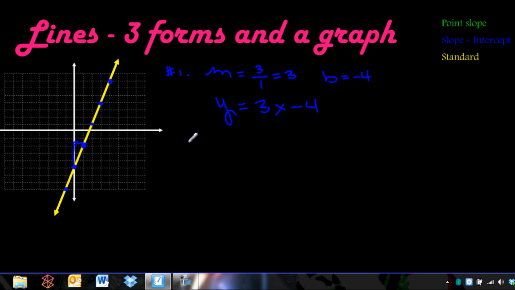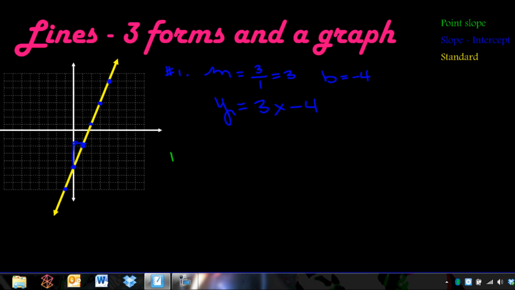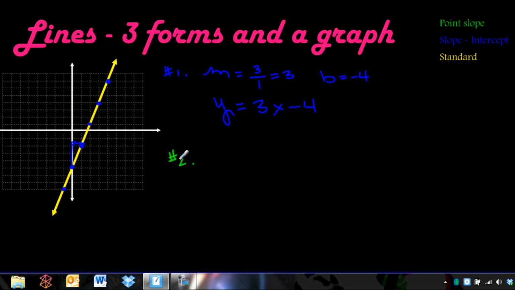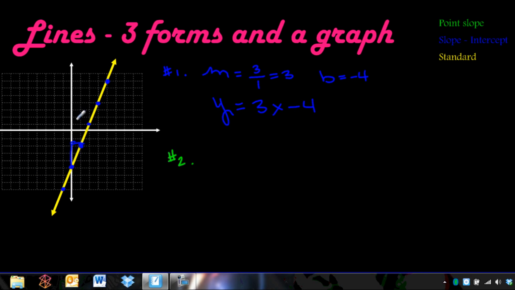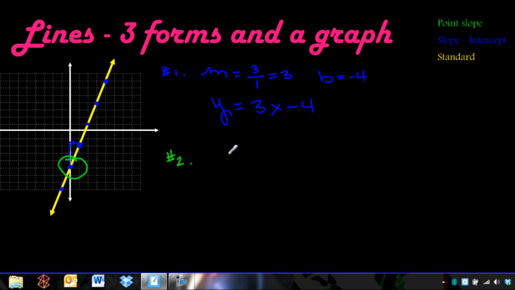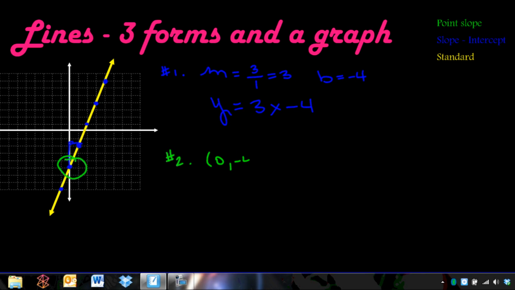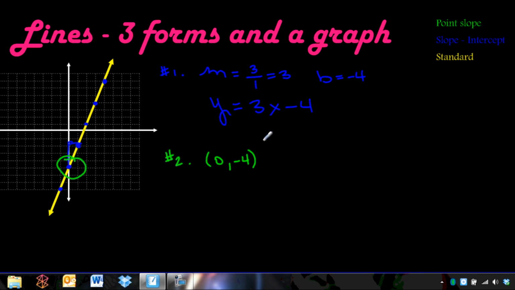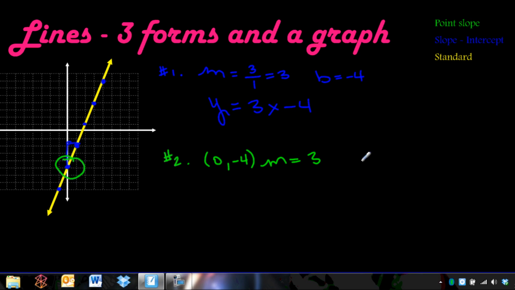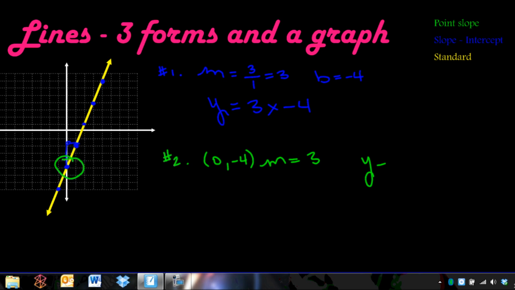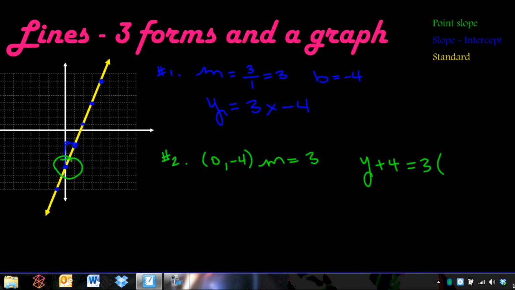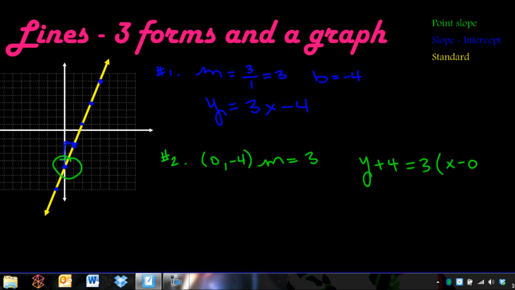Now, if I asked you for point-slope form, you would do the same thing. I need a point. Doesn't matter which one you use. Let's go ahead and use that one again. So if I've got the point 0, negative 4, and you need a slope, which we already know is 3, I can write point-slope form by going y minus negative 4 equals 3 times x minus 0.